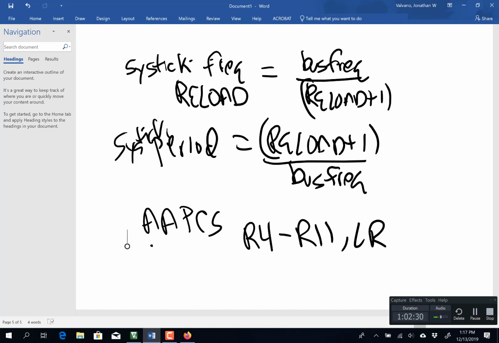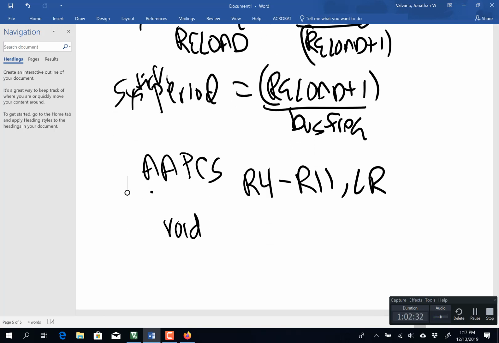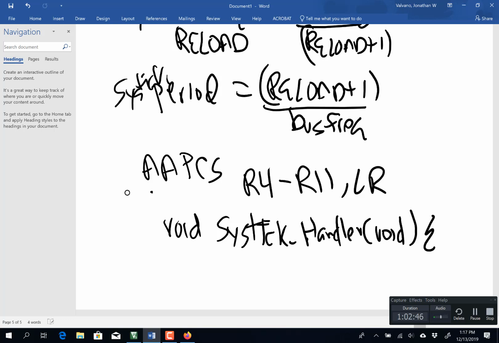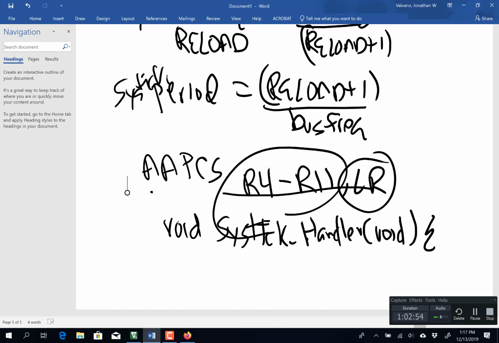Okay, so answer your own question. If I write this function, SysTick handler, why did the hardware not push these registers? Well, it pushed this one, but why didn't it push those? Because the compiler, when you write code, if it wants R4, it'll push it. And you don't have to push it twice. If this handler wants to use R2, would it push it?